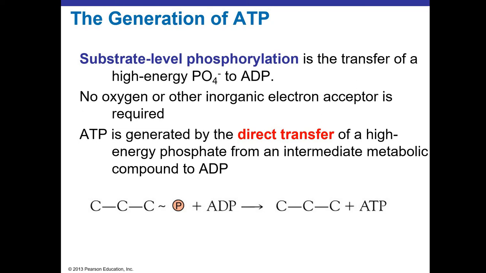Then we end up with that organic molecule and produce some energy in the form of ATP. In this direct transfer, no oxygen or other inorganic electron acceptors are required, and therefore we can make these high energy ATPs from intermediates throughout metabolism. However, in reality, not much of our ATP throughout metabolism actually comes from substrate level phosphorylation.